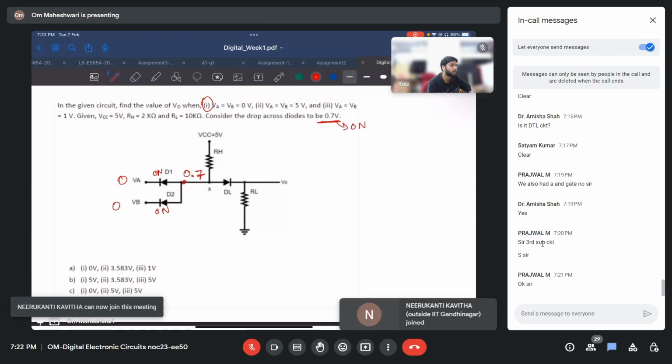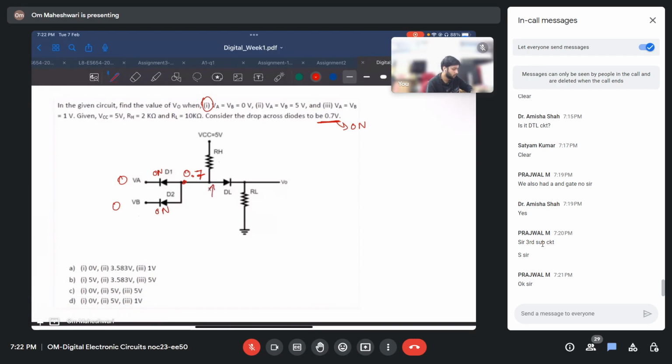Okay, now here, this is 0.7, let's say this is 0, 0, then for this to turn on, it will either be on or off, right? Two conditions only. When this is off, V out will be 0.